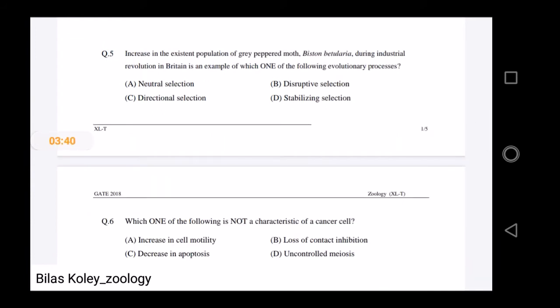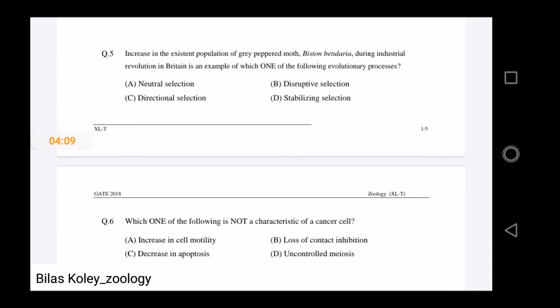Now we will discuss question number 5. The increase in the population of the grey peppered moth, Biston betularia, during the Industrial Revolution in Britain is an example of which one of the following evolutionary processes?